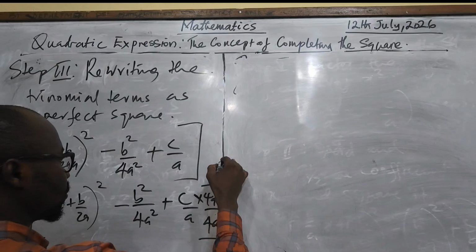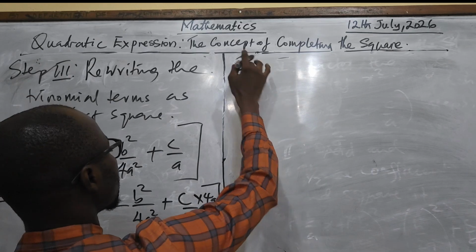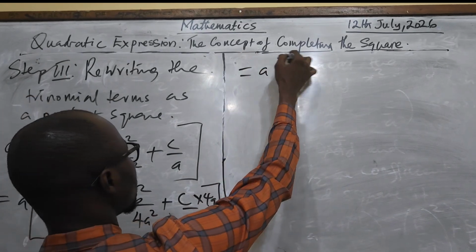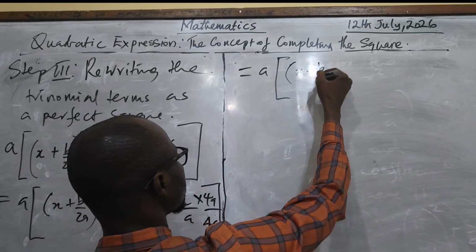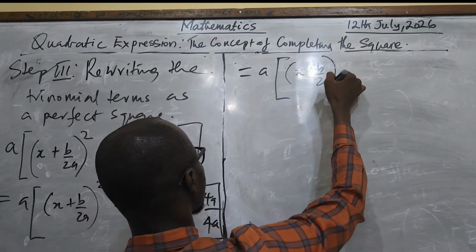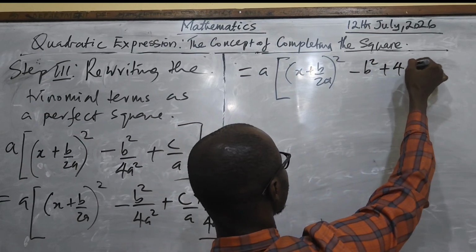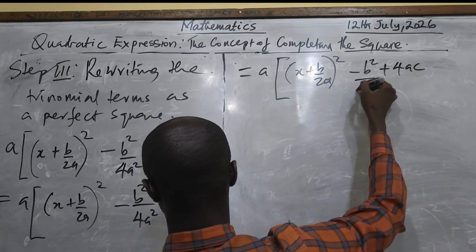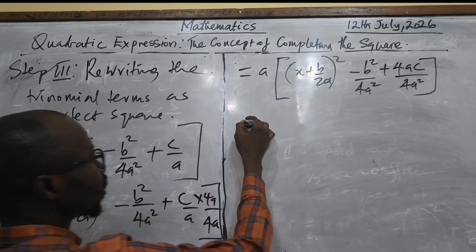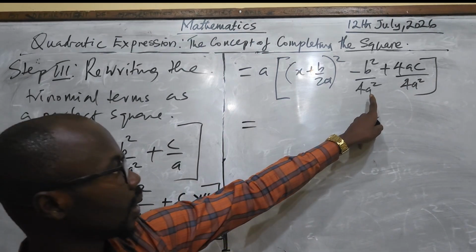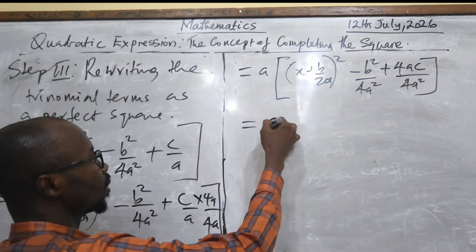So we will have a times x plus b all over 2a all squared minus b squared plus 4ac all over 4a squared, all over 4a squared. Alright, since the denominators here are equivalent, we take one of them.